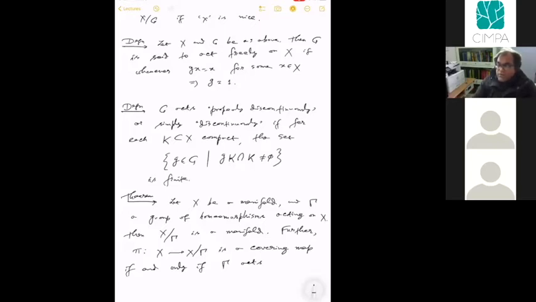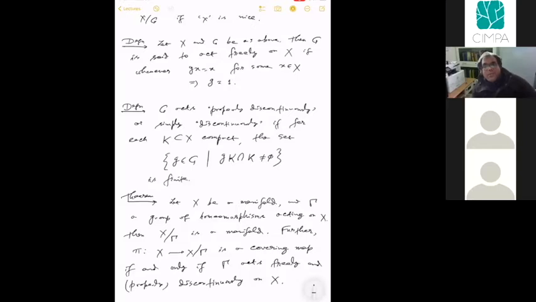Further, X to X mod gamma is a covering map if and only if gamma acts freely and properly discontinuously on X. So to argue that X mod gamma is a manifold, you don't need any proper discontinuity.